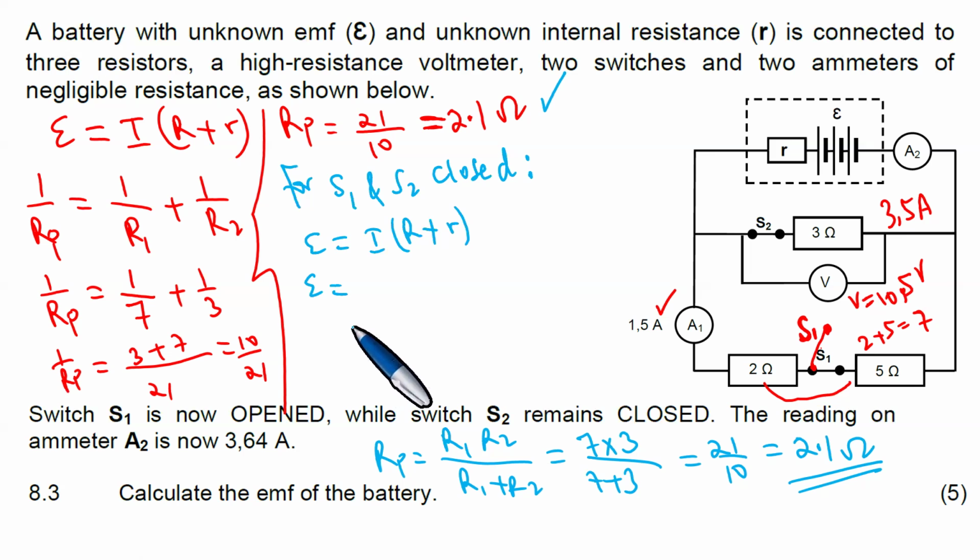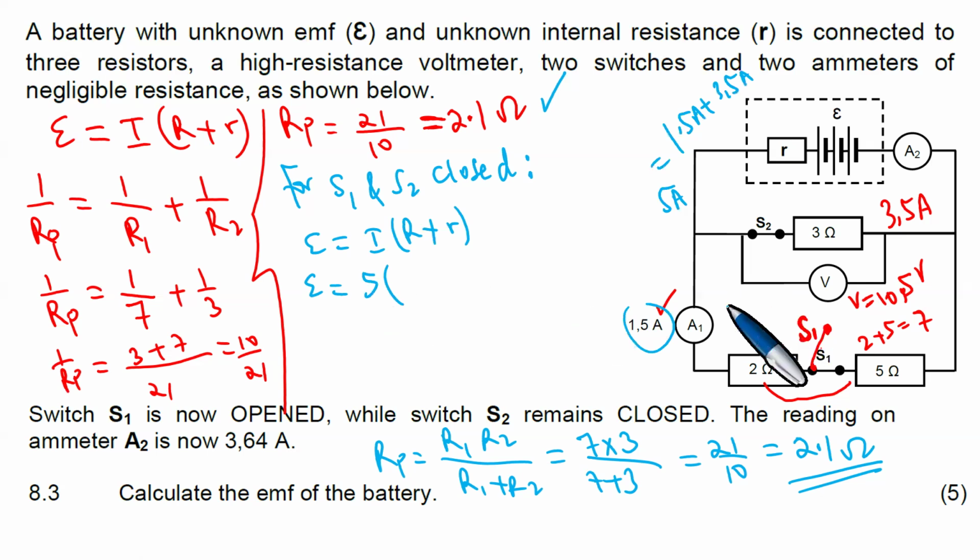What then is the current for the EMF? You have already seen that this one is 1.5 and 3.5. And if we add them together, you get actually 5 amperes. The 5 is 1.5 amperes plus 3.5 amperes, which gives us 5 amperes, like so.